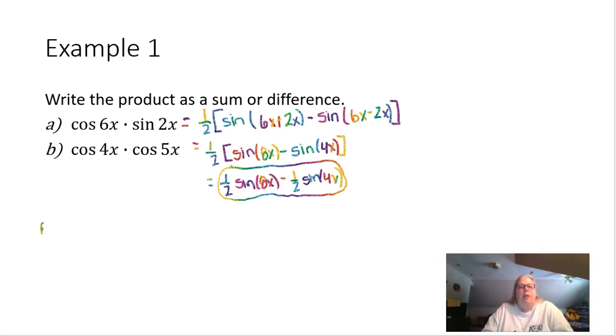So for part B, we're going to do half of the cosine of the difference of the angles. So this is going to be 4x minus 5x plus the cosine of the sum of those angles. This is going to be 4x plus 5x.